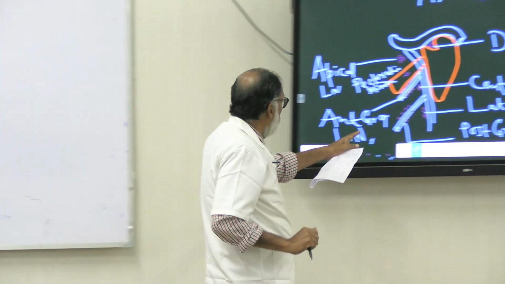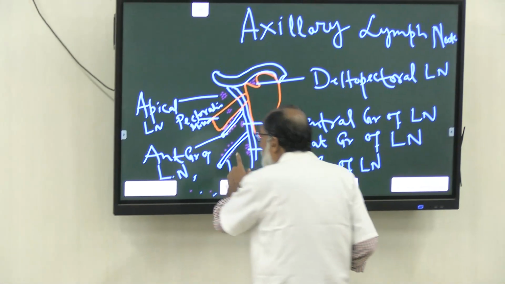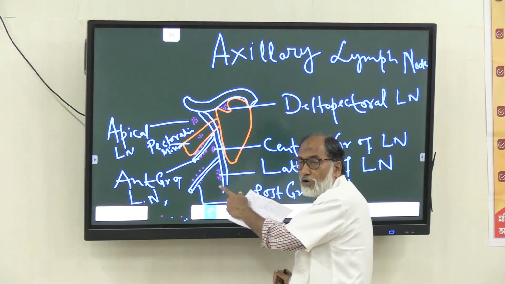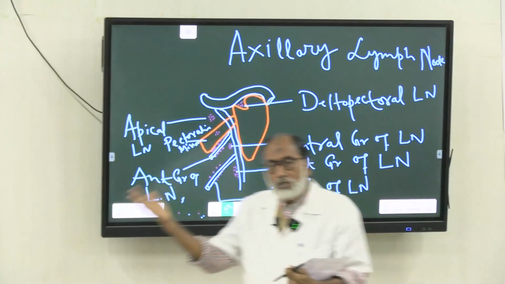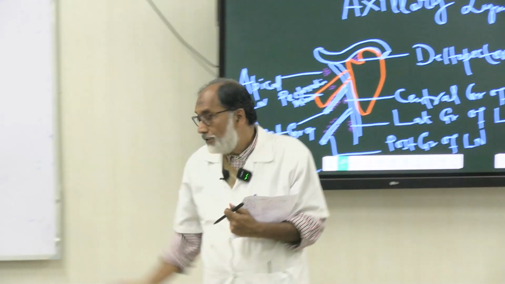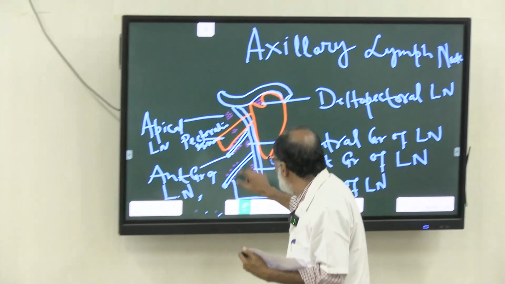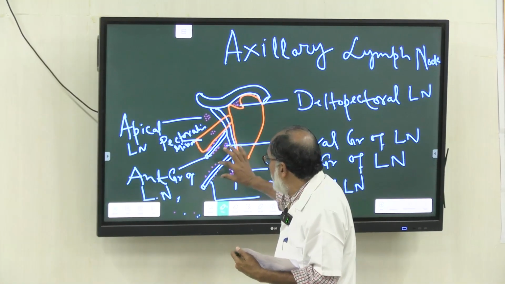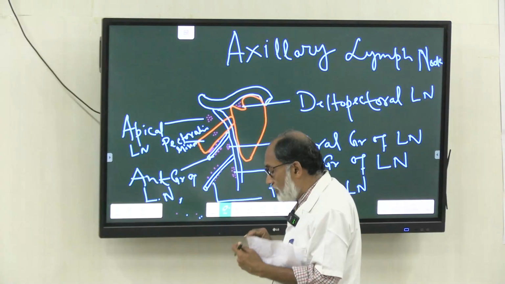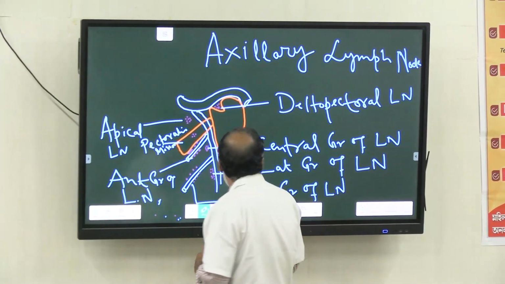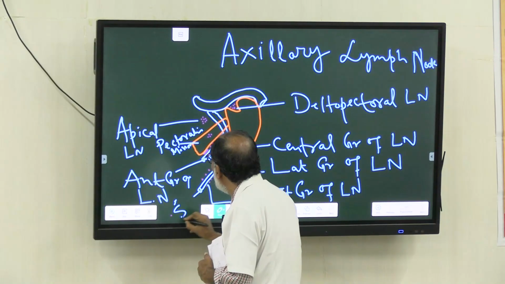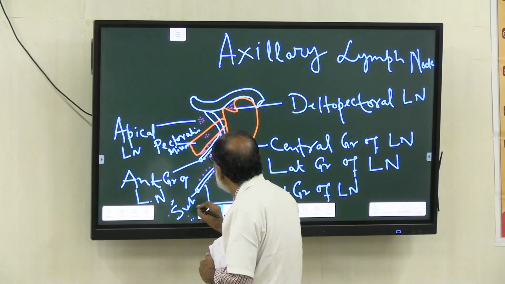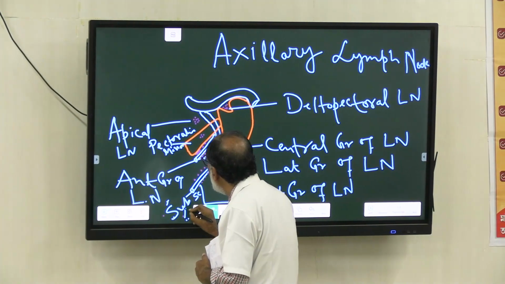Now here you see this artery is the subscapular artery, and you know the subscapular artery lies on the posterior wall of the axilla. So the lymph nodes which lie along the subscapular artery are called the posterior group of lymph nodes.